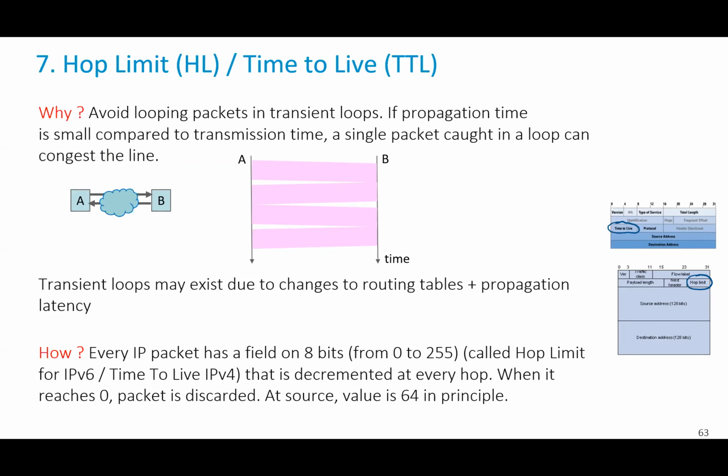A packet should not be caught in a loop. But in the world of computers, we know things are complicated, so problems are never excluded. You need to catch the error cases where that happens. You cannot entirely exclude that a loop exists. It can exist because there is an error in the routing protocols. That happens regularly. We'll see that particularly at the scale of BGP.